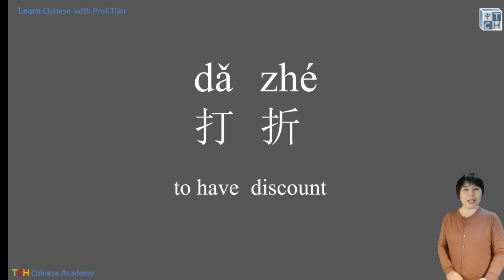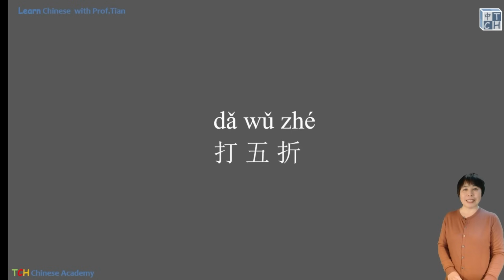So a lot of students get confused about how much off. So let's see how we express these discounts in Chinese. The first one, 打五折. To have a discount is 打折.